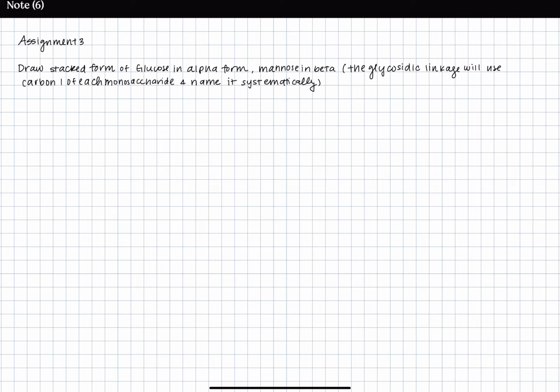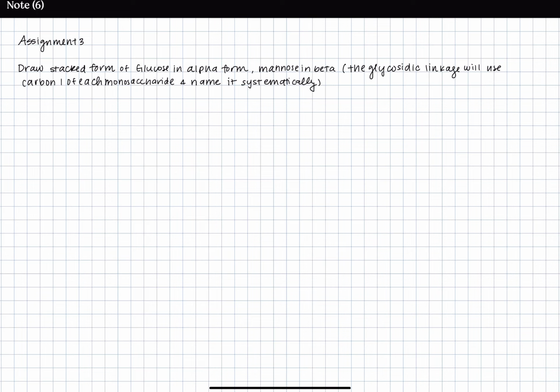With disaccharides and polysaccharides, it all depends if one or both anomeric carbons are involved in the glycosidic bond. To be exact, reducing sugars have only one anomeric carbon involved in the bond, whereas non-reducing sugars have both anomeric carbons involved in the bond.